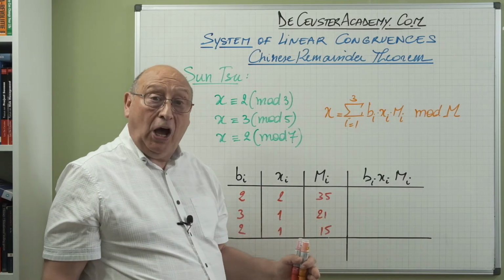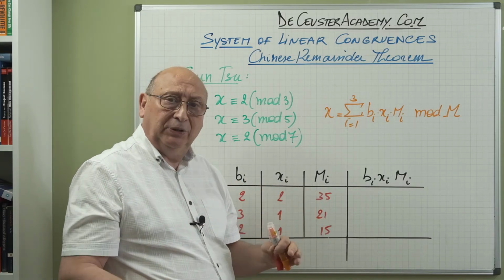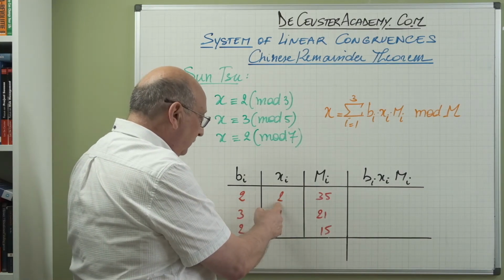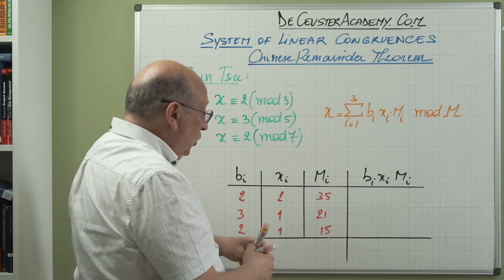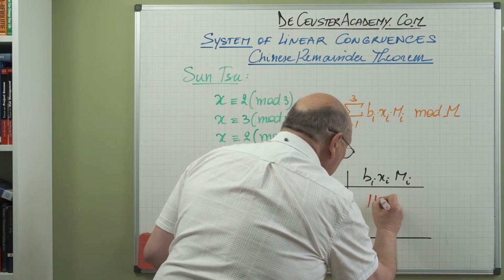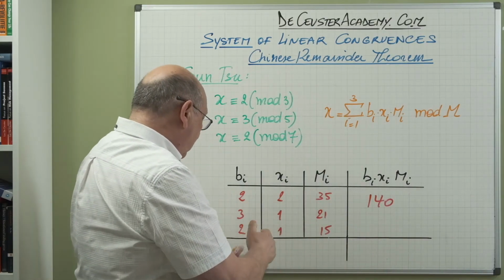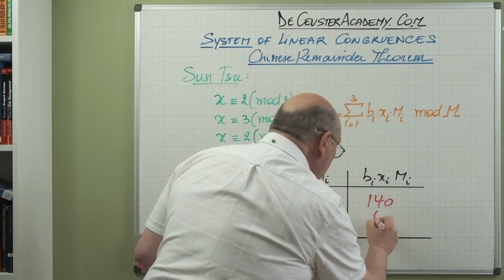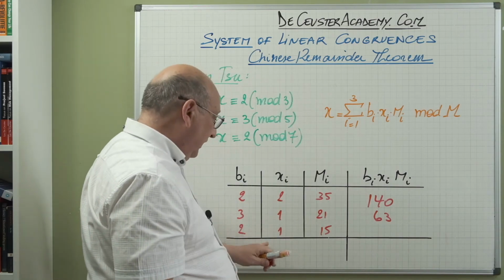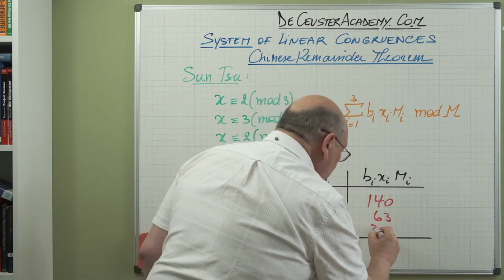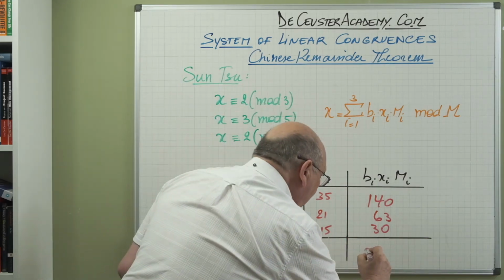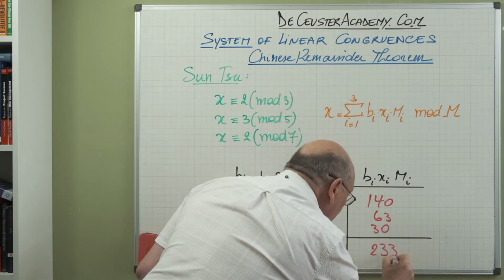What we have to do now is to multiply these numbers, and that's why this table is very interesting, because we have 2 times 2 times 35, which is 140. When I take 3 times 1 times 21 is 63. And the last one, 2 times 15, is 30. And when we add all of them together, we find here 233.